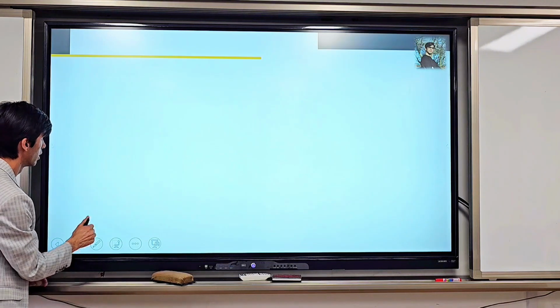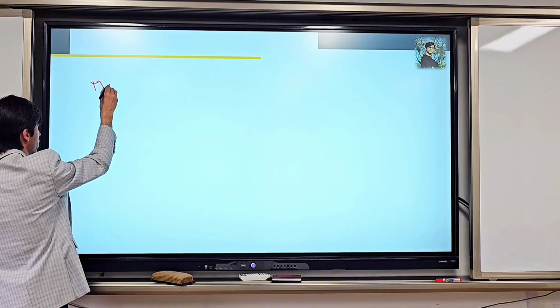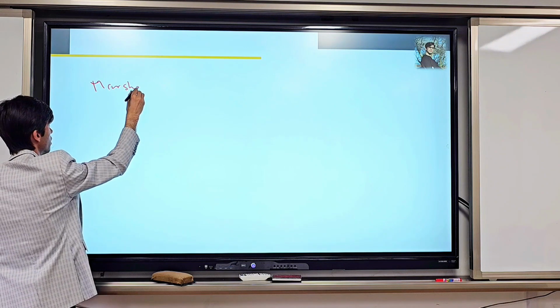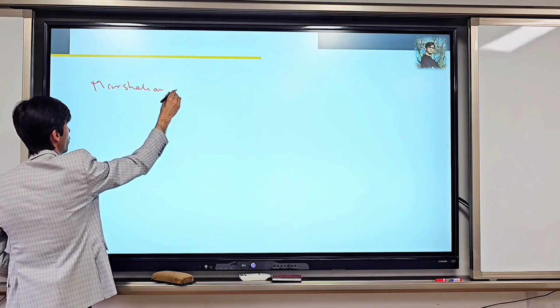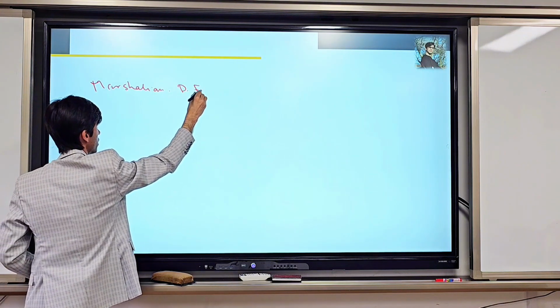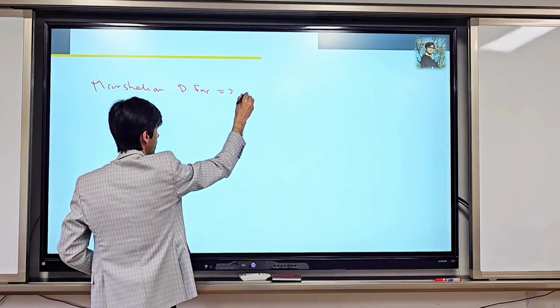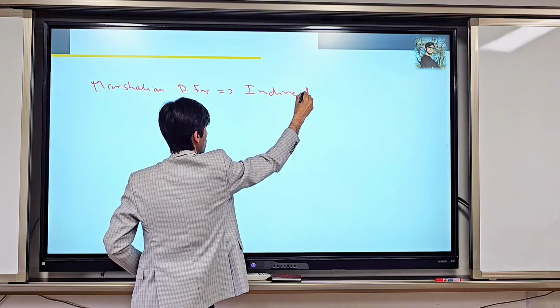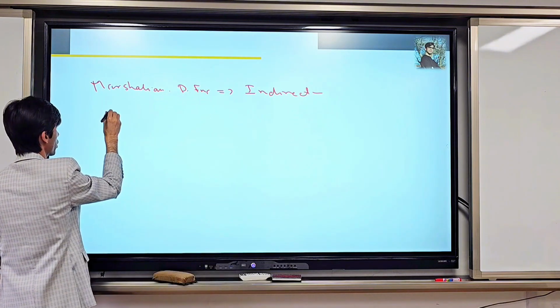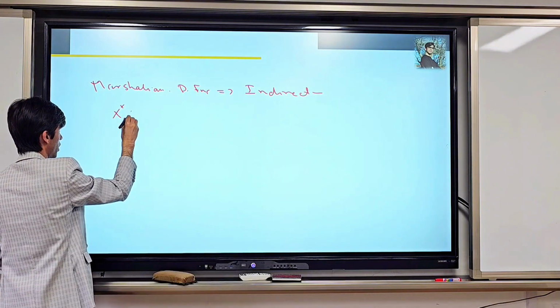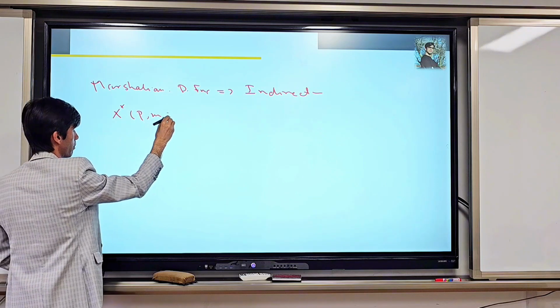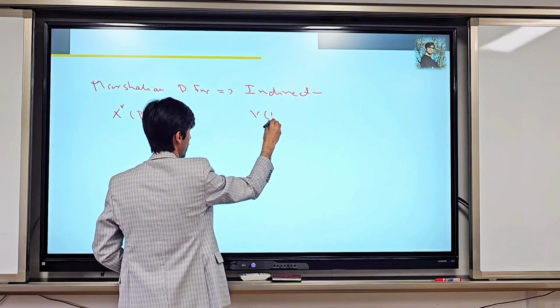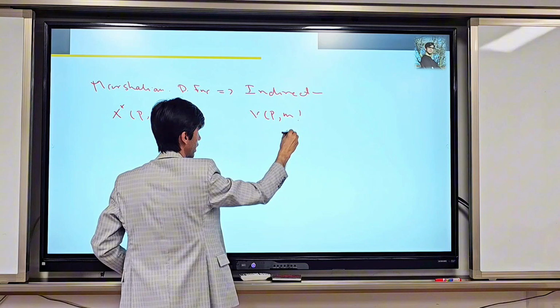But the Marshallian demand function is directly connected with indirect utility function, because the Marshallian demand function x star is also a function of P and M, and indirect utility function is also a function of P and M.